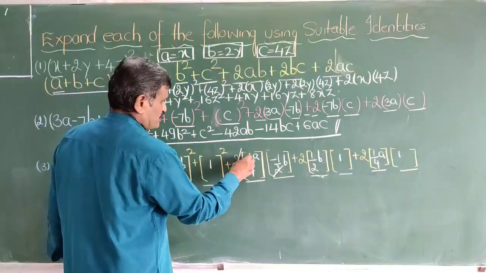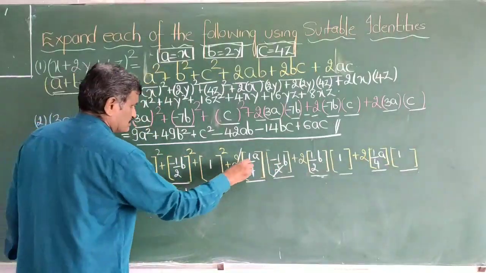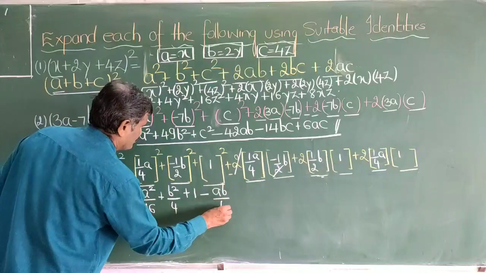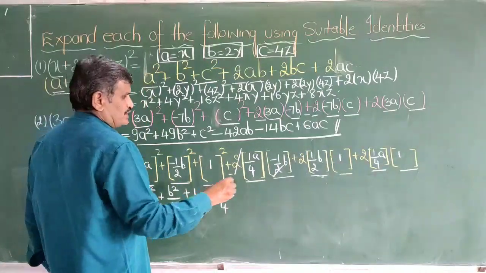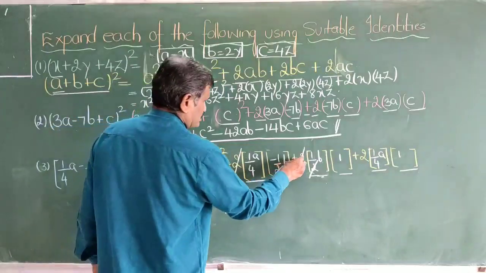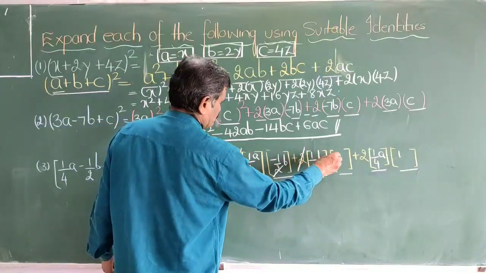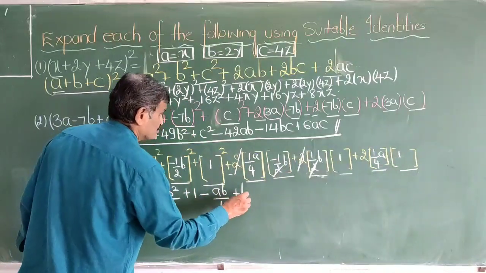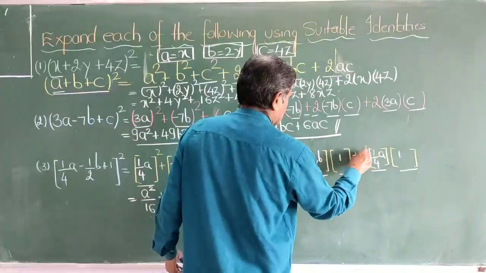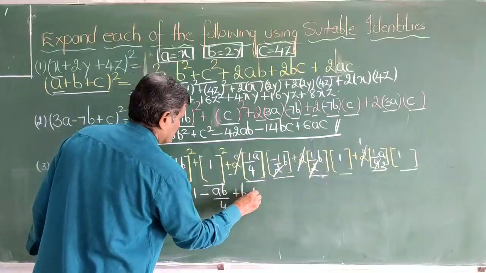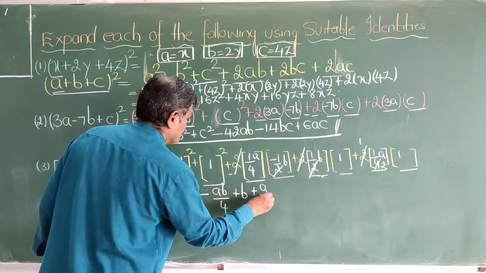Now plus of plus is plus, plus of minus is minus. a into b is ab by 4. Here again 2 cancels with 2. So what remains is plus into plus is plus, 1 into 1 is 1, 1 into 1 is 1, and b, so plus b. Again here 2 1s are 2, 2 2s are 4, so plus a by 2.